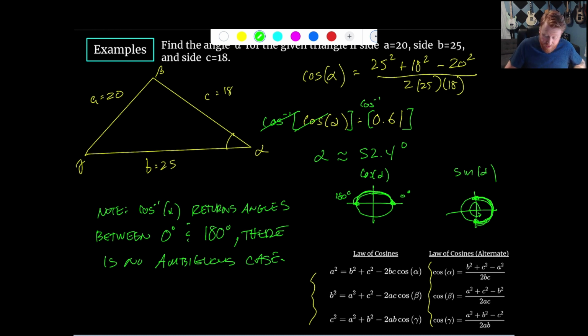There's some thinking to do there. But that's the reason that we do not need to check for an ambiguous case here. There will only be one solution, because the cosine inverse only returns angles in a range where there is no ambiguity. We're always going to get the angle that we desire. So there we go. Alpha in this case is 52.4 degrees. And we don't need to worry about anything more ambiguous than that because of the way that cosine inverse works.